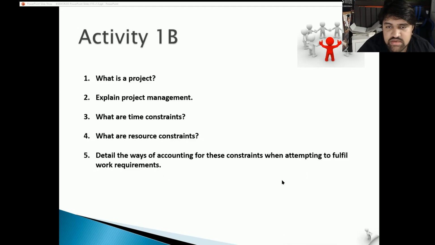Okay, so activity 1B, what is a project? So, a project could be a group of tasks that will eventually give us a desired outcome or a desired product or a certain end result that is comprised of multiple tasks. Okay, explain project management.